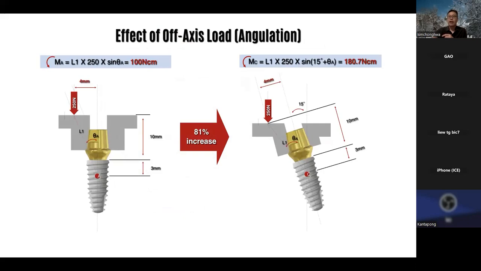If you angulate your implant 15 degrees, for example, it'll increase the torque or the lateral component of external force by almost 80%. So you want to be really cautious about the angulation of your implant.